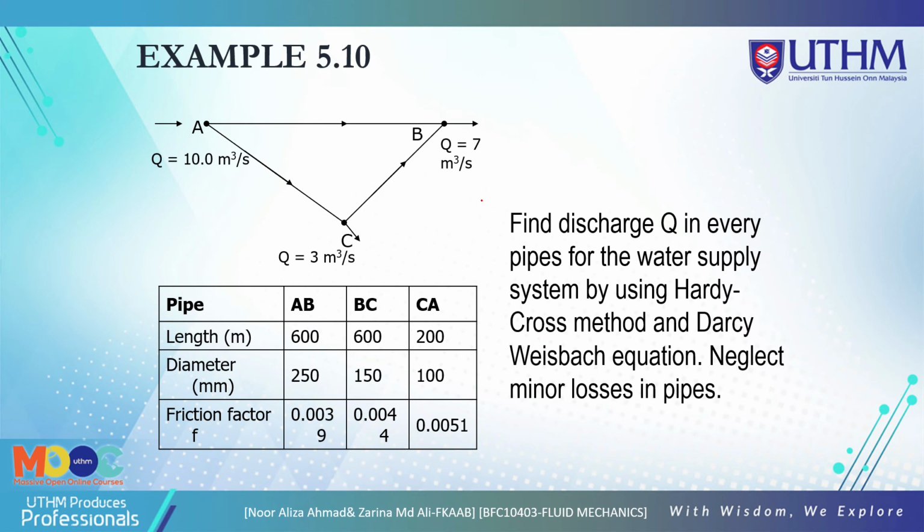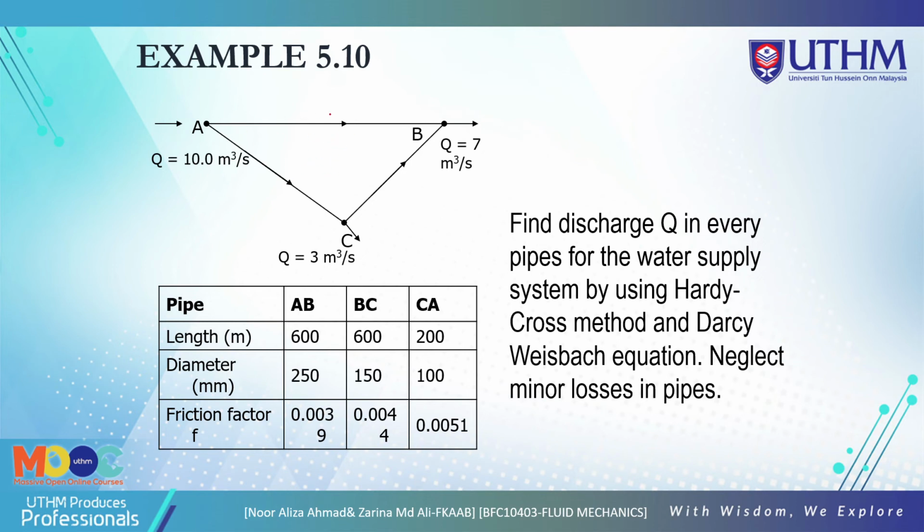So the example, the last example here. For example 5.10 here, pipe AB and pipe AC, they have only one loop.